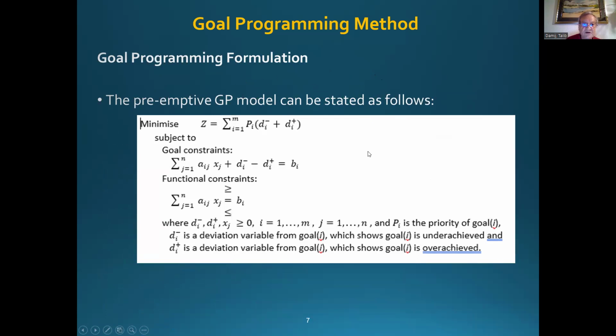In this formulation, we see that we have 2 types of variables, decision and deviational. In addition, we also have 2 categories of constraints, goal constraints and functional constraints.